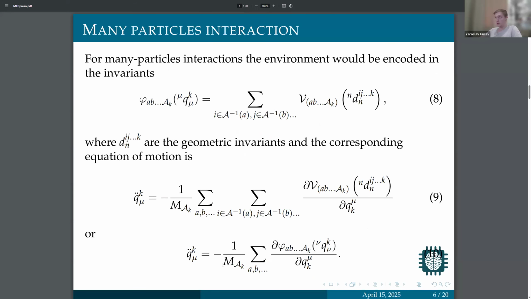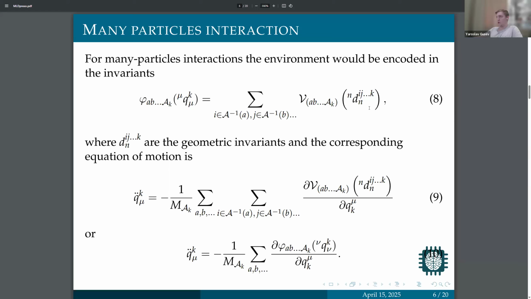Okay, and this is the generalization to many-particle interactions, meaning that we don't write the total energy here, but from the very beginning we write the invariants in this form. So we construct them as a sum over interactions of particle k with other particles of types b, a, and other types, that is inside the dots.